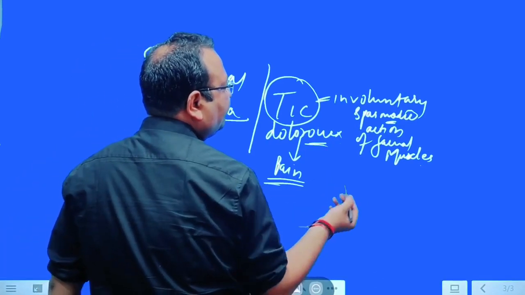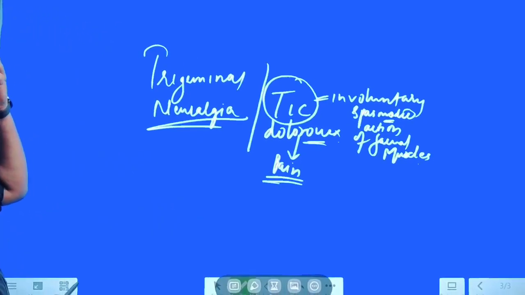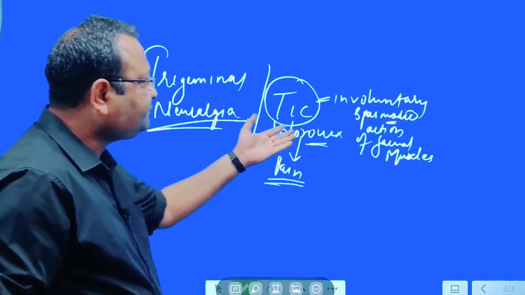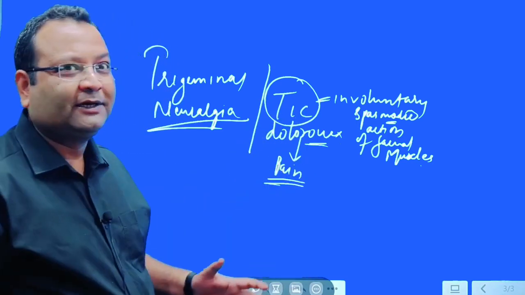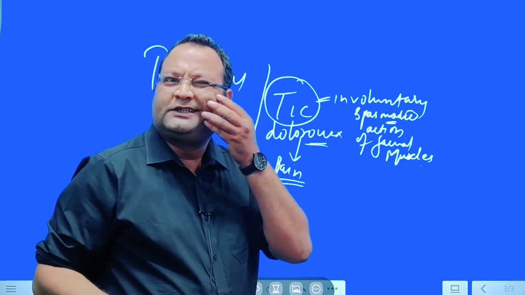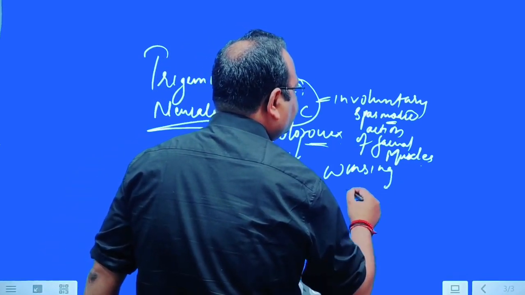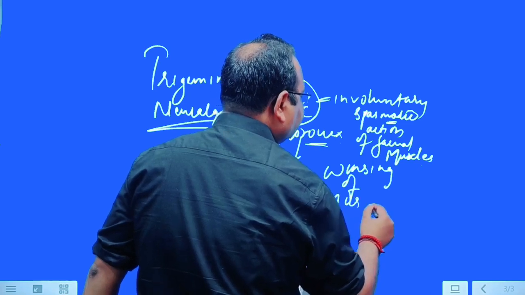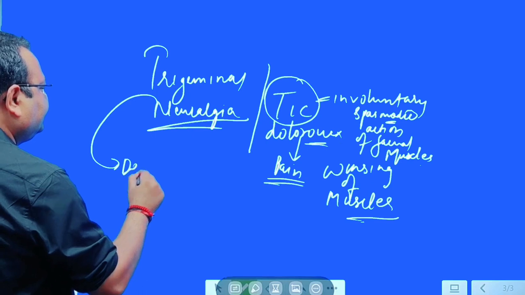Whenever this disease is present and there is a severe pain, the patient winces the muscles. There is wincing of the muscles.